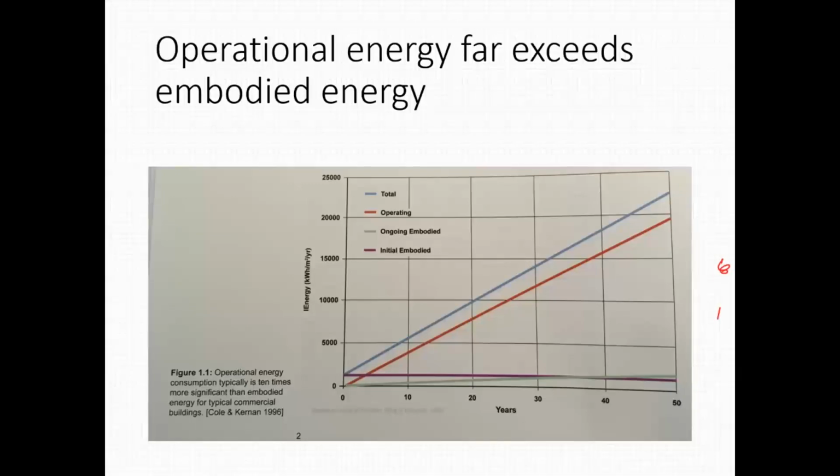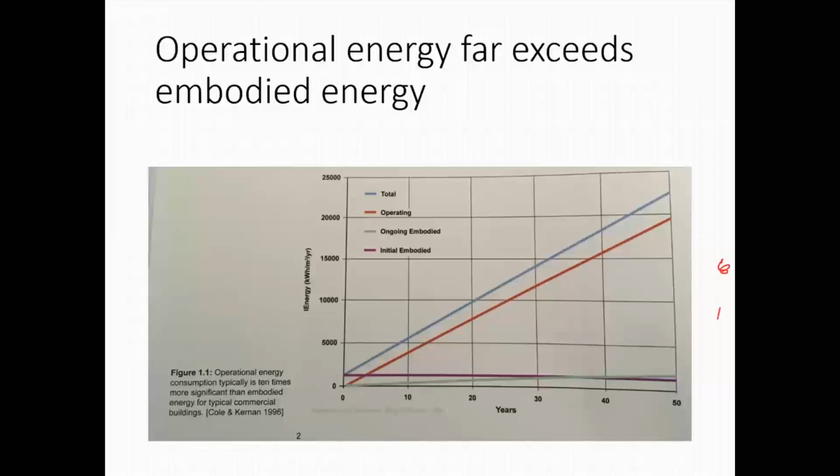Embodied energy versus operational energy for a building. We need to understand energy performance over the life of the buildings that we're designing. It's not just how much energy goes into it when we build it and how much energy is used in the operation of the building. There's more to it than that.